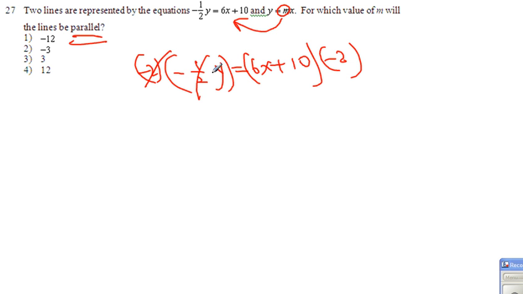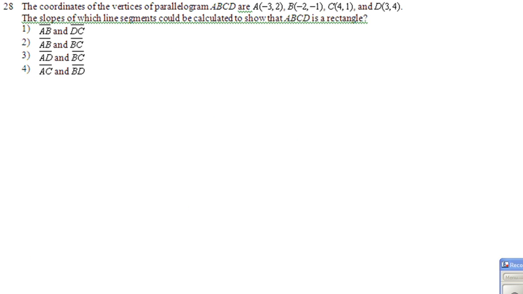And negative 2 cancels out with negative 1/2. Y now becomes negative 12x minus 20. The slope is negative 12. That becomes our answer.